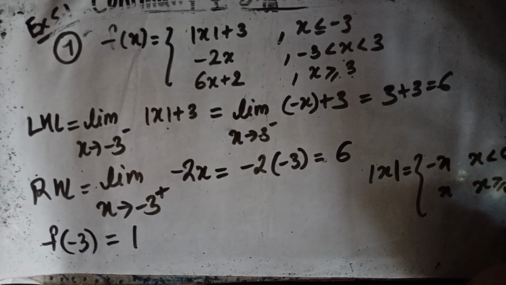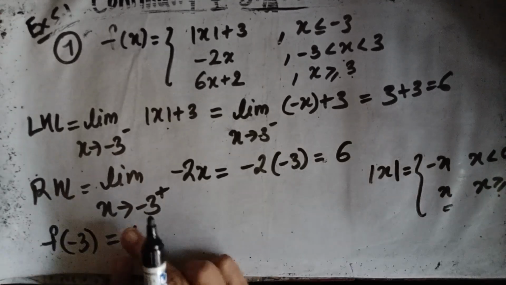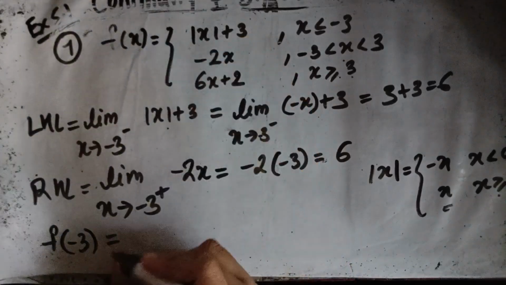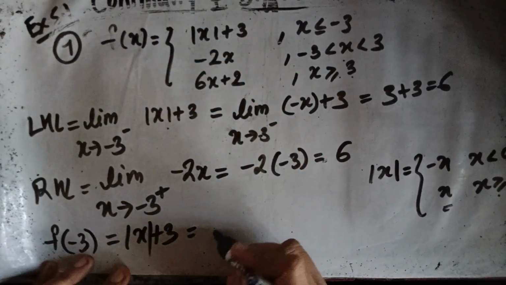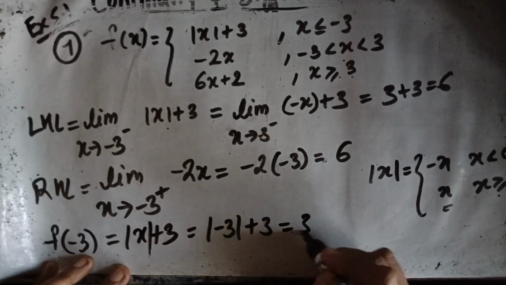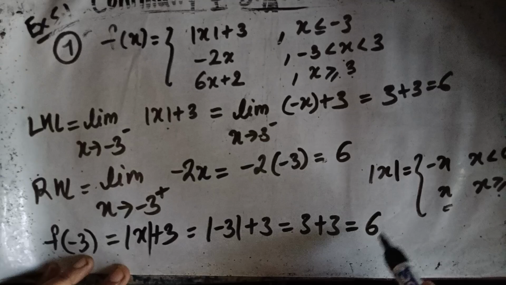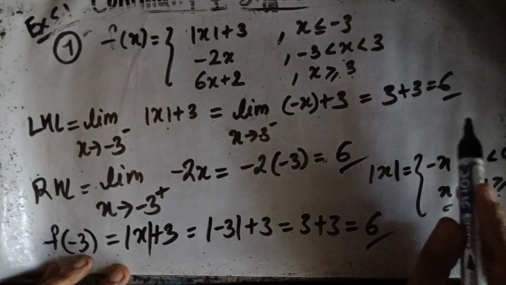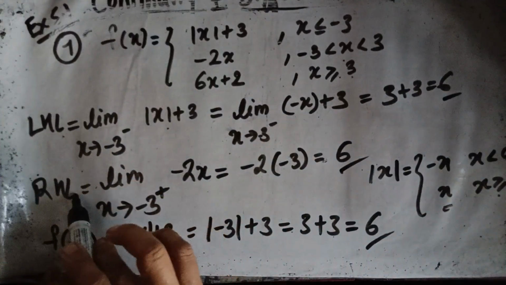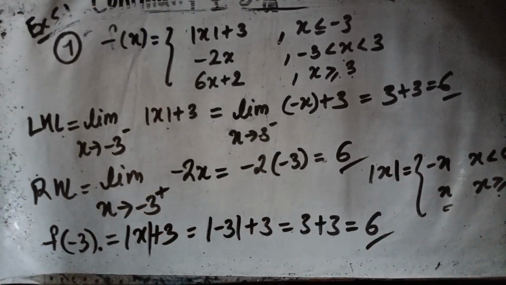At that point this value will be positive, so this is mod of minus 3 plus 3, which is positive 3 plus 3, so this is 6. We are getting all the same numbers, that is LHL is equal to RHL is equal to f of minus 3. So this function is continuous at x equal to minus 3.